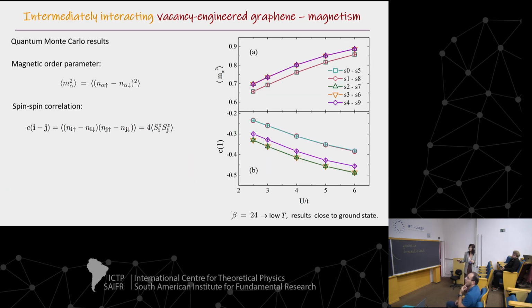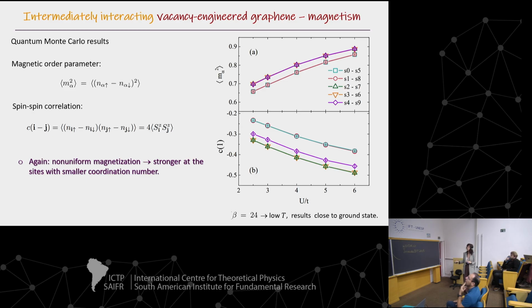Now, searching the regime where interactions are of intermediate strength. Here we do this using quantum Monte Carlo simulations. Here you're seeing the magnetization as a function of U, and spin-spin correlation as a function of U. The take-home message from these plots is that, again, you have a non-uniform magnetization.